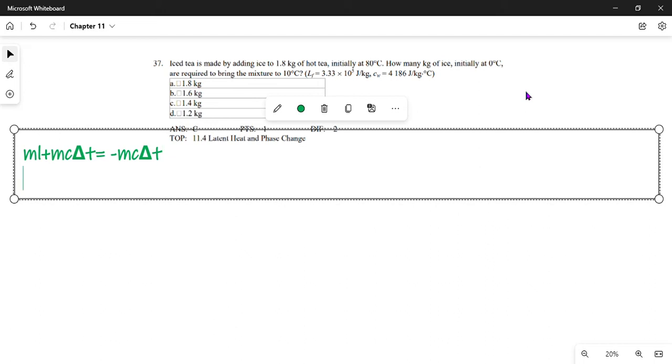We will just substitute in the rule. The mass of the ice we don't know, so it's m times the latent heat LF of the ice, which is 3.33 times 10 to the power 5, plus the mass of the ice, which we also don't know, times the specific heat capacity, which is 4186, times the change in temperature.